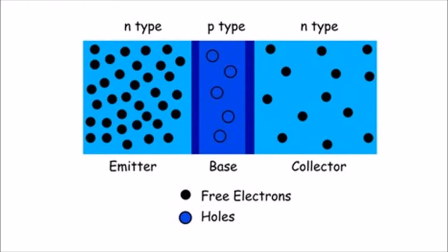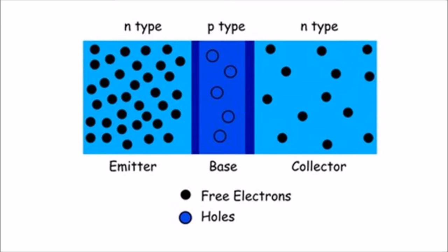We know that in the N-type semiconductor, the free electrons are the majority charge carriers and holes are the minority charge carriers. In an NPN transistor, the left side N region, that is the emitter region, is heavily doped, and so the emitter has a large number of free electrons.